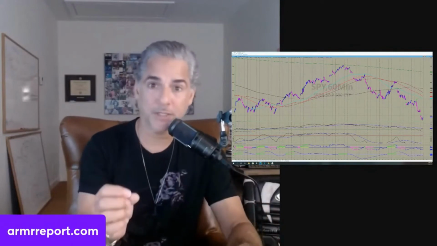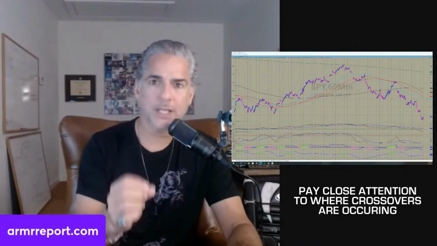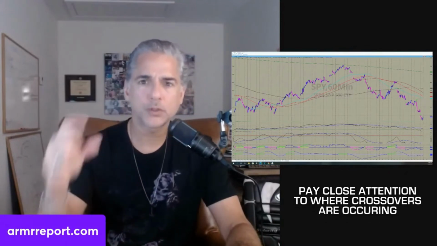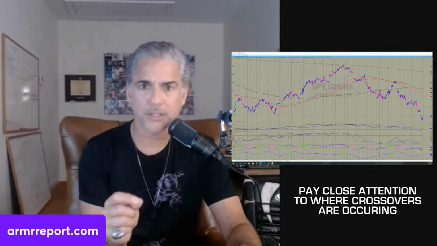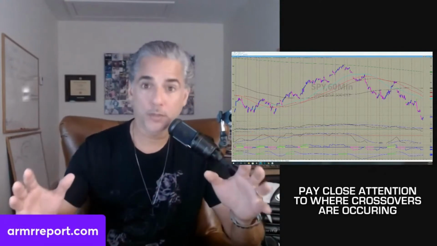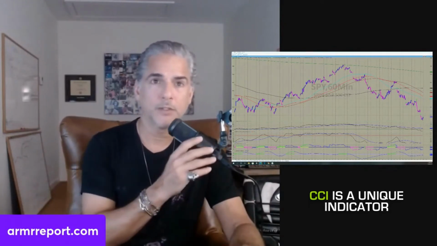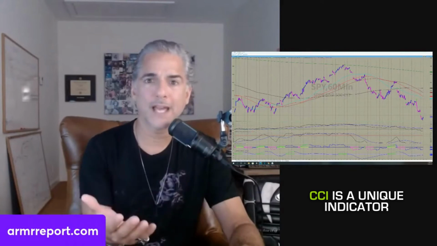And then here's the last piece. Pay close attention to where the crossovers are occurring, particularly when it comes to the commodity channel index. And this was a real eye-opener for us as we were writing our algorithm. The CCI is a unique indicator, and I don't think a lot of equity players use it.